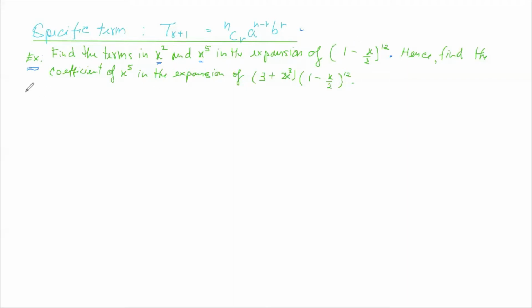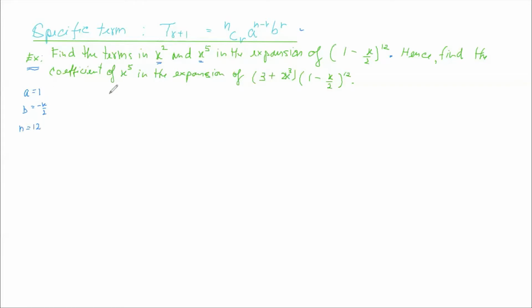Our A here is still equal to 1, and B equals negative x over 2, and n equals 12.